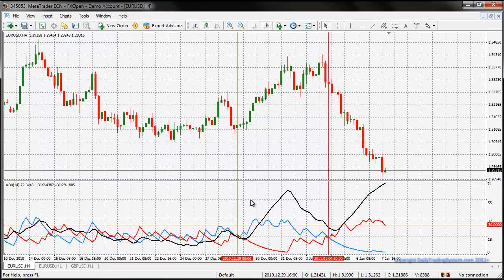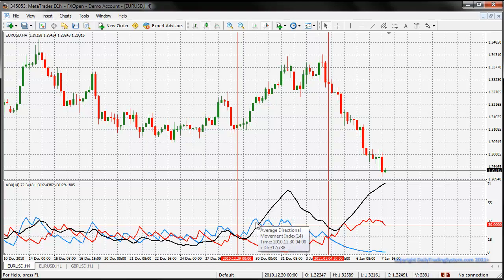Now there are some observations that I've made really when it comes to using this indicator, and it's a little bit of a phenomenon that I can't really explain, but this is what I've observed. What I would do is I'll wait for the crossover, and then I'll wait for this blue line and this black line to hit 30. Once it hits 30, I will go long.